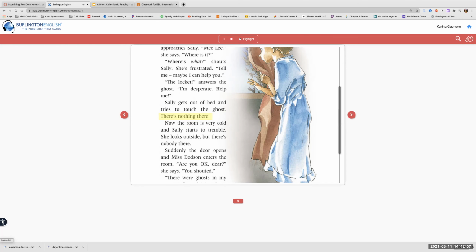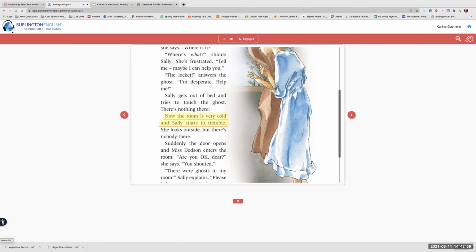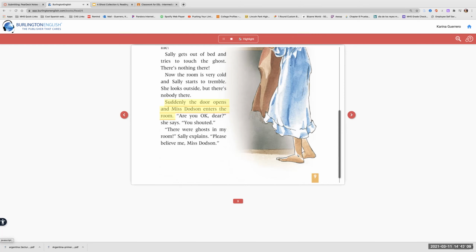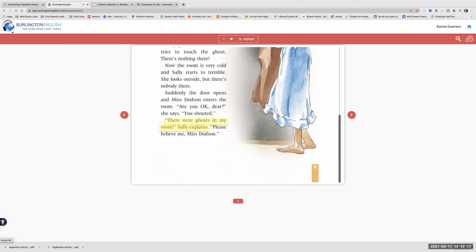There's nothing there. Now the room is very cold, and Sally starts to tremble. She looks outside, but there's nobody there. Suddenly the door opens, and Miss Dodson enters the room. Are you okay, dear? She says. You shouted. There were ghosts in my room, Sally explains. Please believe me, Miss Dodson.